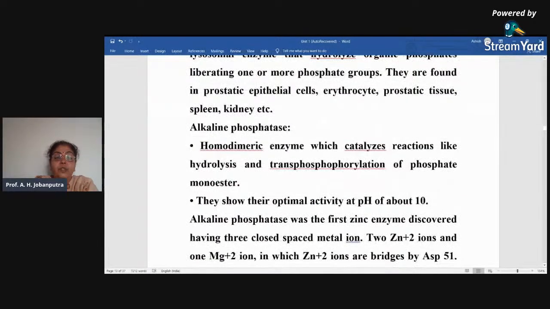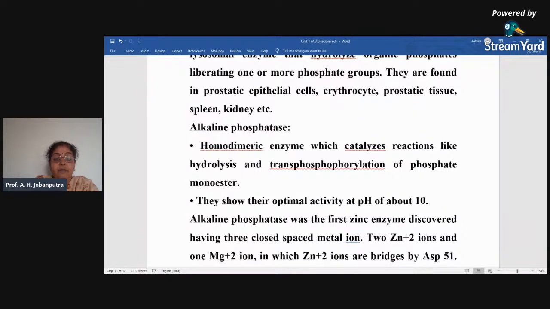Then alkaline phosphatases are homodimeric enzymes and they catalyze reactions like hydrolysis and transphosphorylation of phosphate monoesters. They show their optimum activity at pH 10, obviously because they are alkaline in nature.